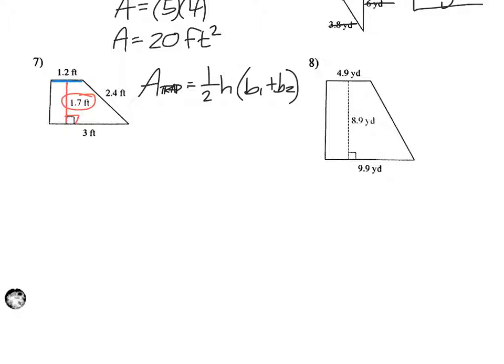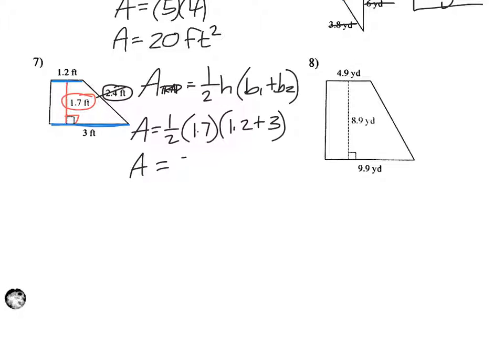So this one and this one. So this is not necessary. So in this case, area is 1/2 height, 1.7, parenthesis, base 1, 1.2, plus base 2, 3. So again, you're going to want to make sure and type this in. Make sure you use the parentheses, otherwise it will give you a wrong answer if you don't. Nearest tenth, and I get 3.6 feet squared.